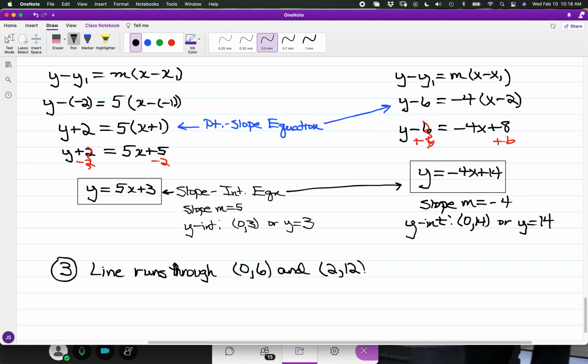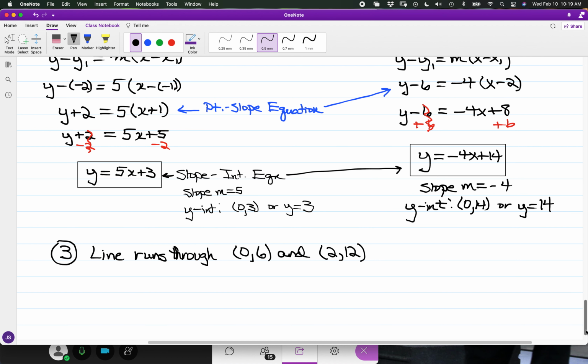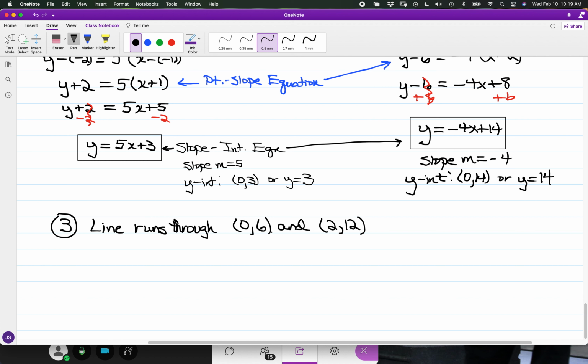So instead of having the slope given at one point, we have 2 points provided. So if we have a line running through these points, we have to determine the slope. To find out just what the slope is going to be, again, just going back to the slope formula.